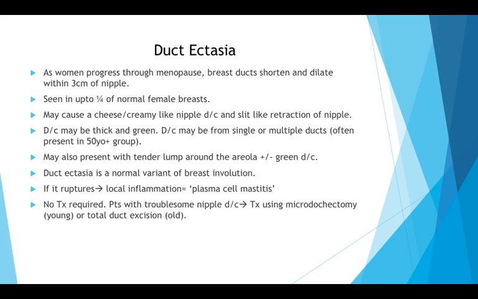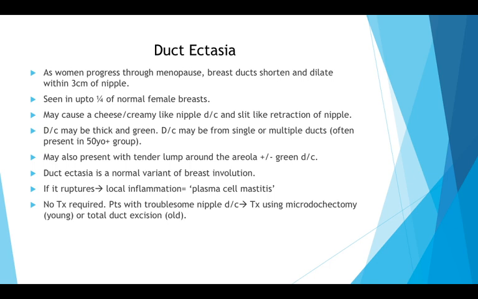Duct ectasia again is more common in the menopausal stages of women's health, and it occurs when the breast ducts shorten and enlarge, quite close to the nipple area. It's seen in around 25% of normal female breast tissue. It can cause a discharge.